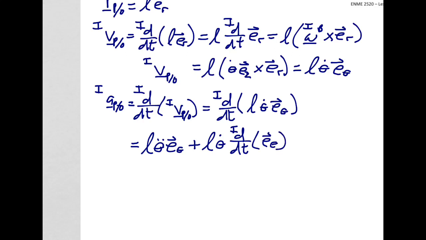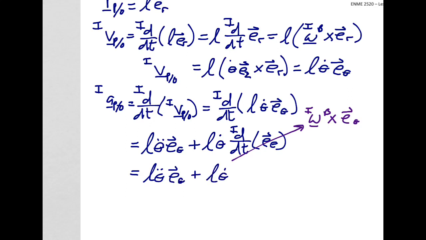And we've already pointed out that this is equal to omega B as observed in the inertial reference frame crossed with E sub theta. And so our expression is L theta double dot E sub theta plus L theta dot. We'll substitute this in. Our omega B as observed in I is theta dot EZ crossed with E sub theta.